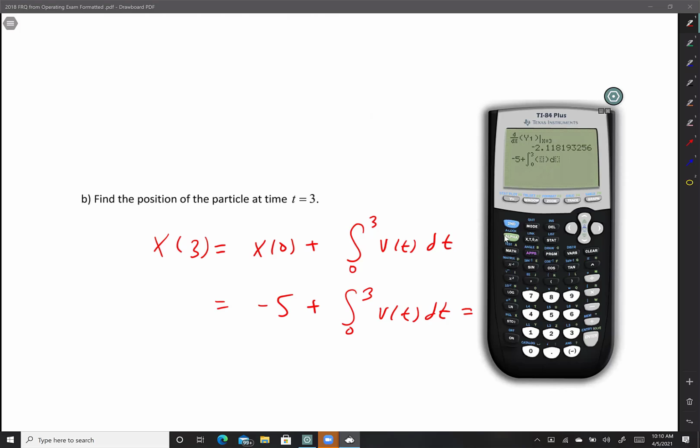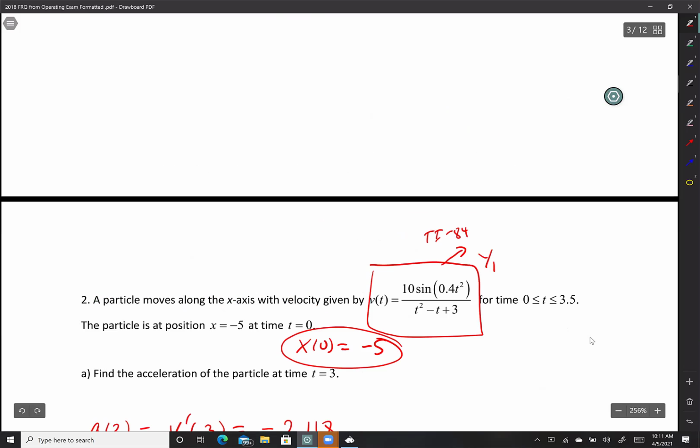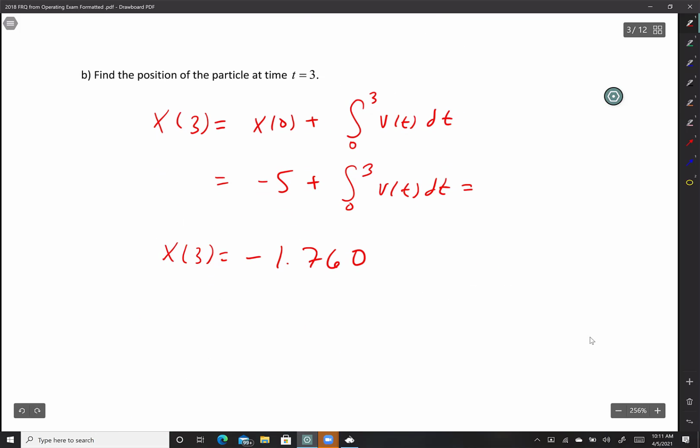And then I go in there and I go alpha trace y1, and then I put an x, and then enter. And there it is, negative 1.760. So x of 3 is negative 1.760. They didn't put any units. If you want to put a unit, just put the word unit in there. But I wouldn't. I would leave it alone. And there it is, guys. That's it. You're done with letter B.